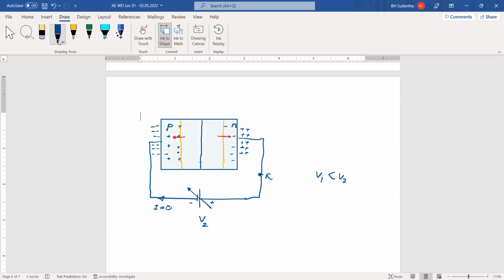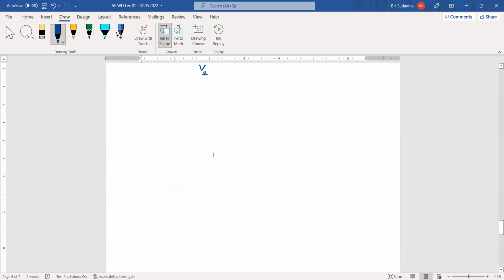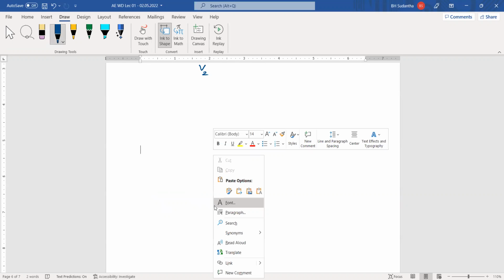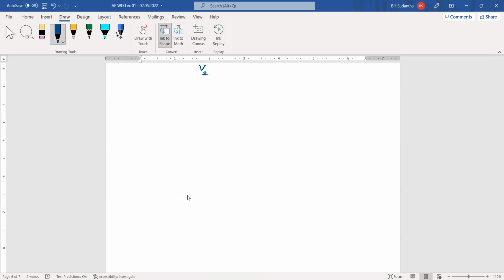And because of that, you can see there is no current in the external path. Then how can we draw this up? Here.